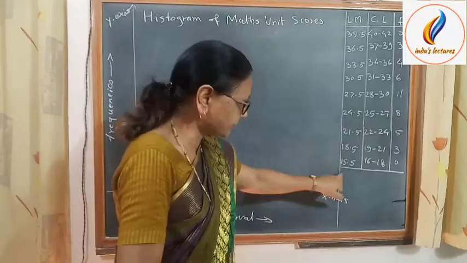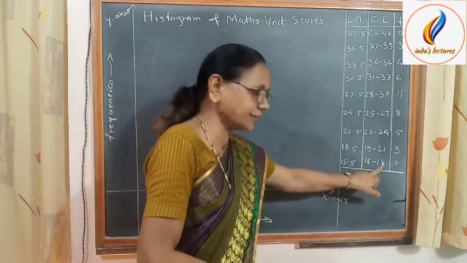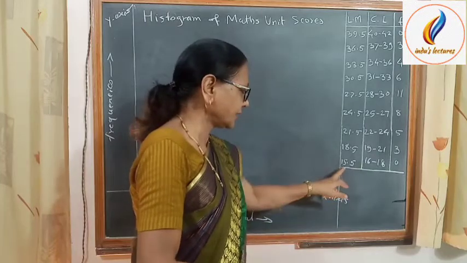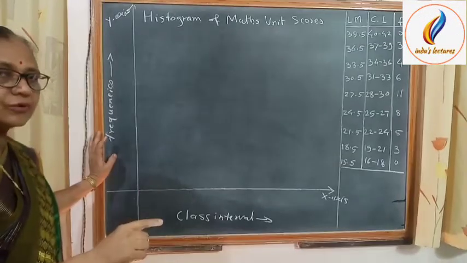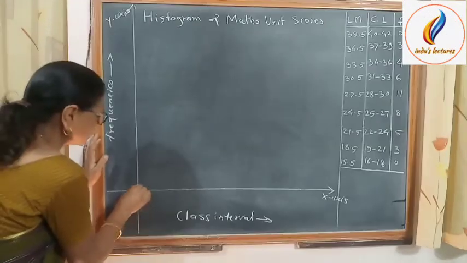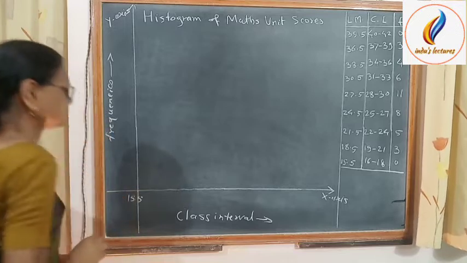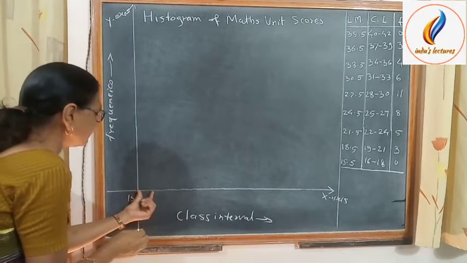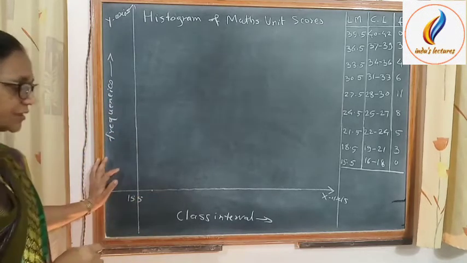Now this class interval is 16 to 18 with frequency 0 and its lower limit is 15.5, at the point of intersection of the two axes. So here 15.5. Now we decide the width of the class interval. Say this is the width of each class interval.